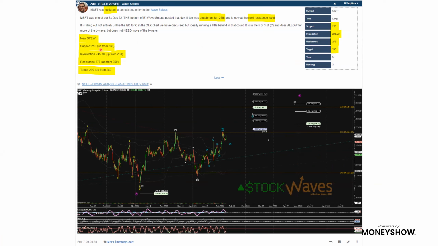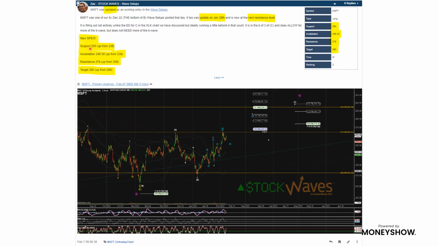So on January 26th, we raised the resistance from the original 259, which was just recently hit, up to the next level of 278, but also increased the target from 280, pushing it all the way up to 290, because that's where you have the confluences of the next fib levels inside the diagonal, as well as the 1.236 fib extension for the C wave itself.